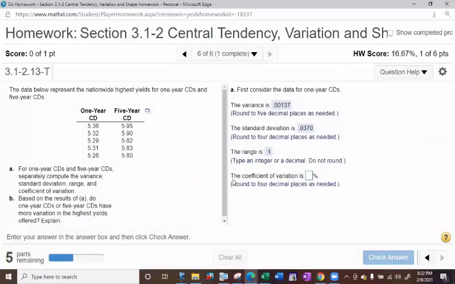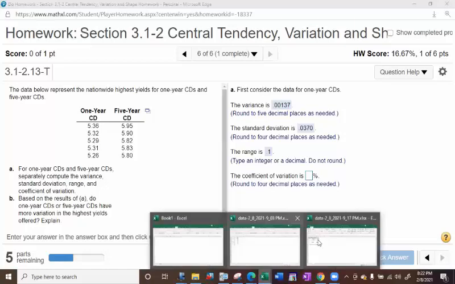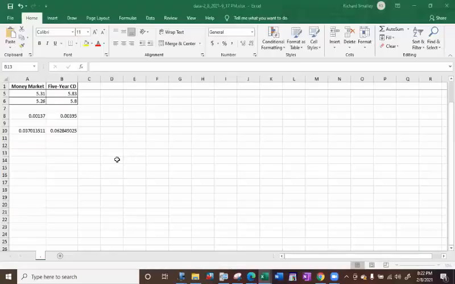Fantastic. Coefficient of variation. Which is surprising they didn't ask us for the mean. We have to get the mean now. So I'm surprised it didn't ask the mean as the first command. No harm, I'll do the mean right here.